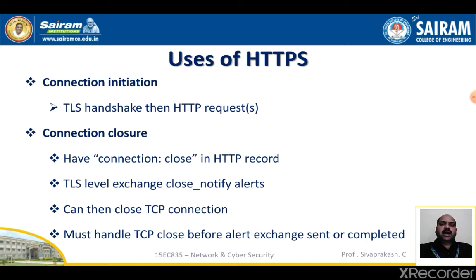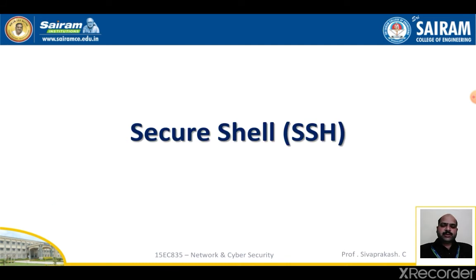However, the unannounced TCP closure could be evidence of some sort of attack. So, the HTTP client should issue some sort of security warning when this occurs. In such a way, the connection is closed with the help of HTTPS. Let's move on to the next one.